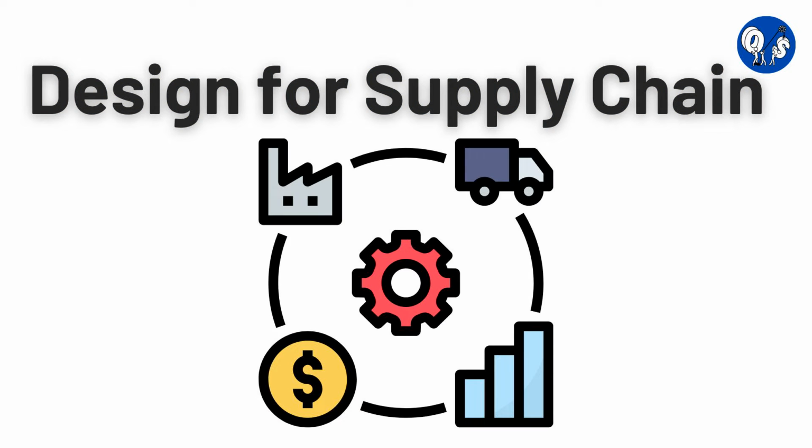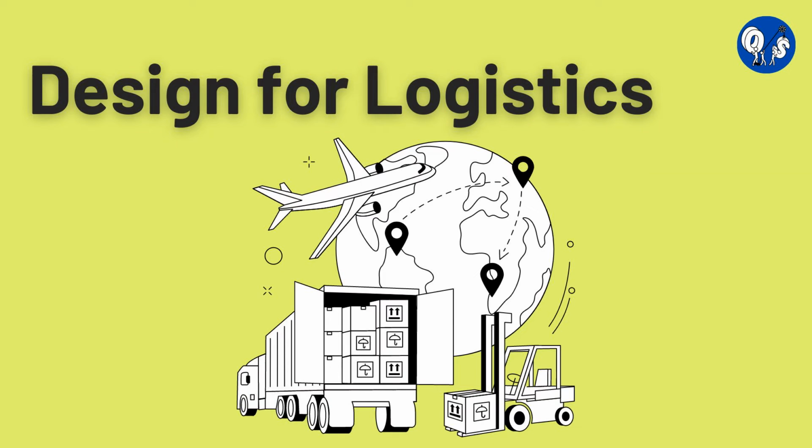I would like to close my discussion on this design by saying that design for supply chain is the process of optimizing the fit between supply chain capabilities and product designs. It creates product configurations that address infrastructure limitations and use supply chain capabilities as they evolve throughout the life of the product. Let's move on to the next design, that is design for logistics.